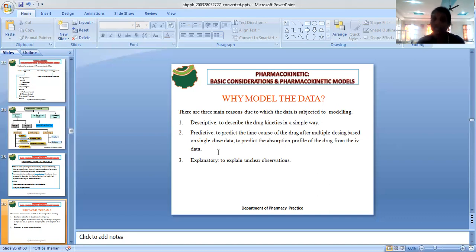Simply, you can say that this type of modeling is useful to describe the drug kinetics, how the drug behaves once it is administered by the appropriate route, in a simple manner. On the basis of the single data, you can easily predict the time course of the drug following multiple dosing. And this will be very useful to explain some unclear observations also.